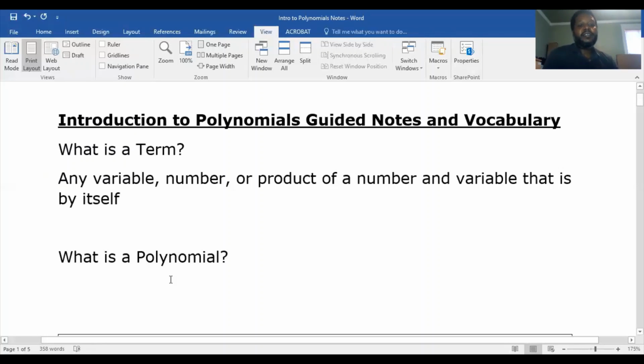Actually, nomial is more like name. A nomial is referring to a number or a name. And when it's many, a polynomial means it has many numbers or many terms. A polynomial is an expression with many terms.